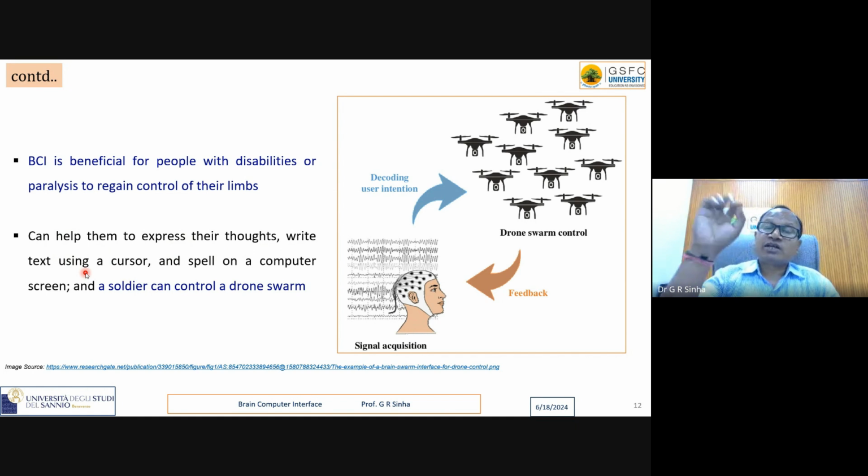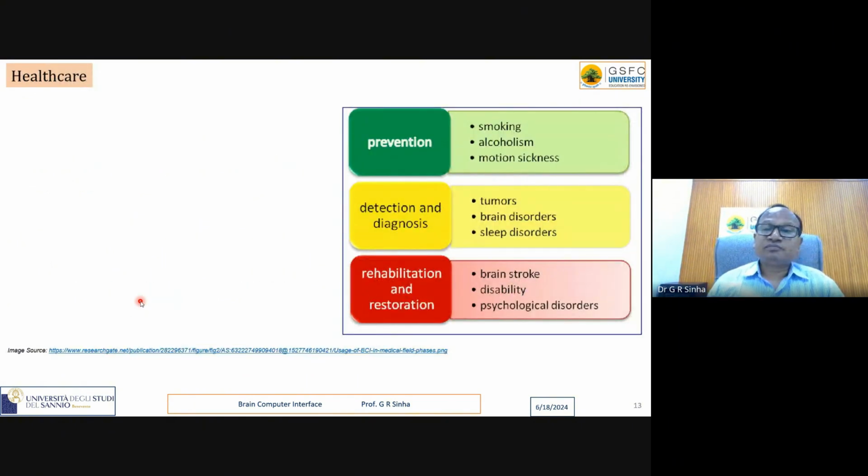They'll just put a cursor on a dot and they want to write something, and automatically the computer will write. Then they can spell on a computer screen. And also soldiers in an army can control drone swarms, which are used for different applications in war. That is also possible.